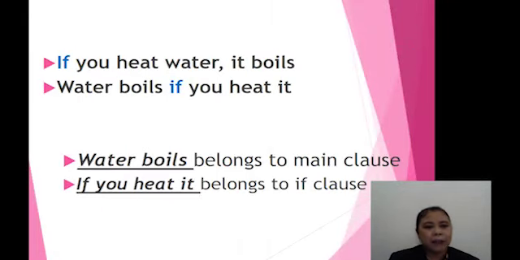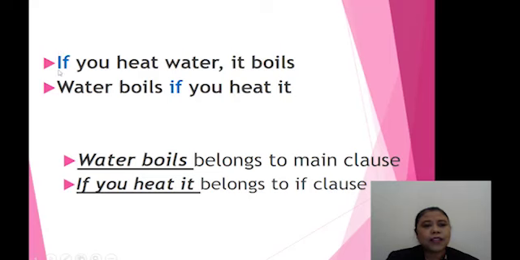Now let's see the example. If you heat water, it boils. Water boils if you heat it. These two sentences are the same. The difference is the way you write the sentence. Here, you put if in front.